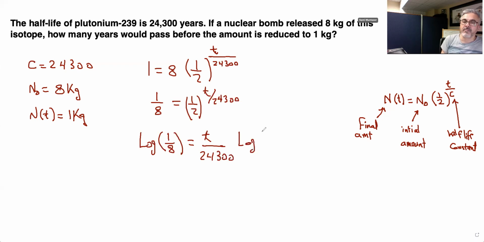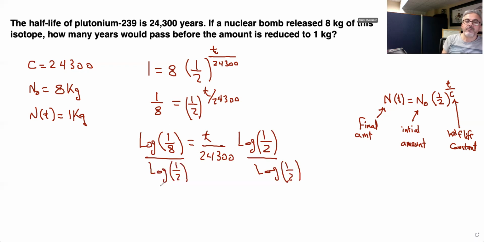Log 1/2. So now just divide both sides by log 1/2, and divide this as well by log 1/2. We get 3 equals T, this cancels of course, over 24,300 years.